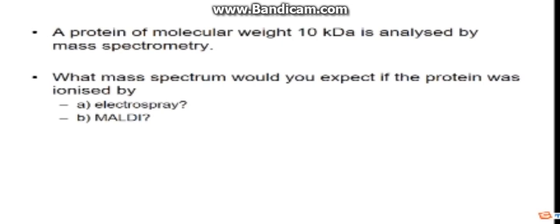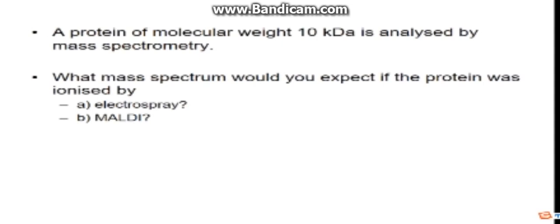Electrospray gives you multiply charged ions. So if you had a protein of 10,000 daltons and you had 10 charges on it, you would expect to see it at a mass to charge of 1,000.